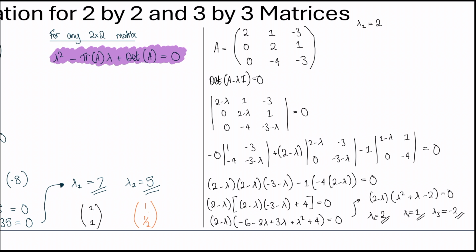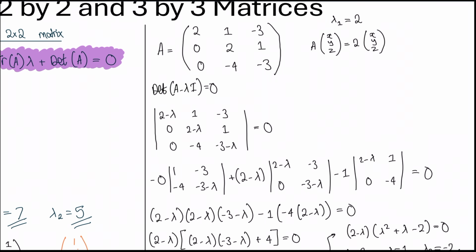Essentially, we're doing the matrix A multiplied by x, y, z, and that is equal to 2 lots of x, y, z. If I multiply the first row by x, y, z, I get 2x plus y minus 3z is equal to 2x. If I do the second row, we get 2y plus z is equal to 2y, and then the last row is 4y minus 3z is equal to 2z.